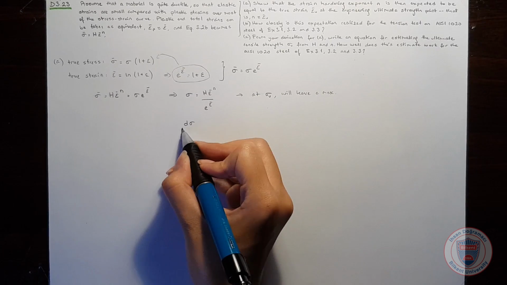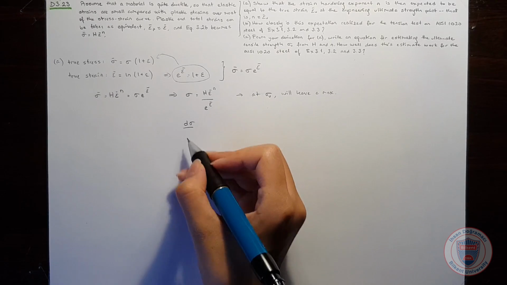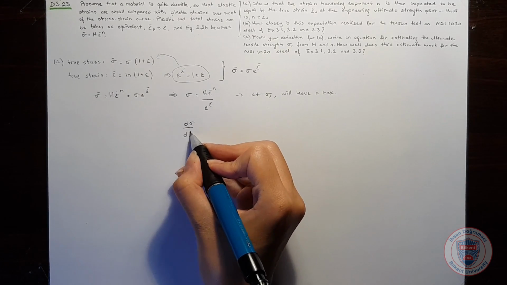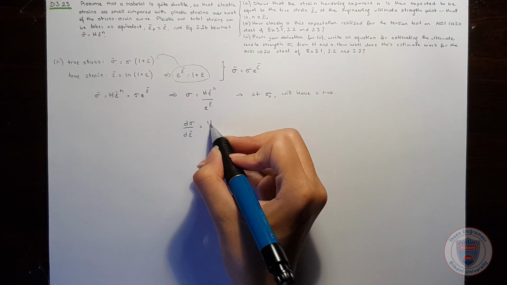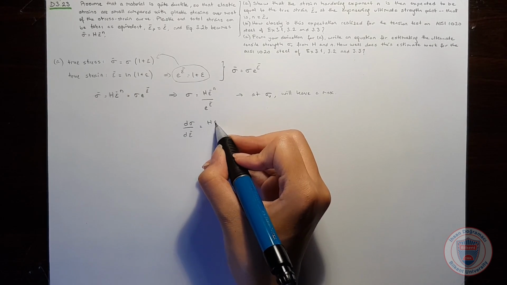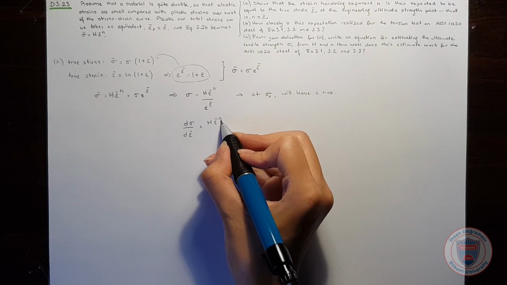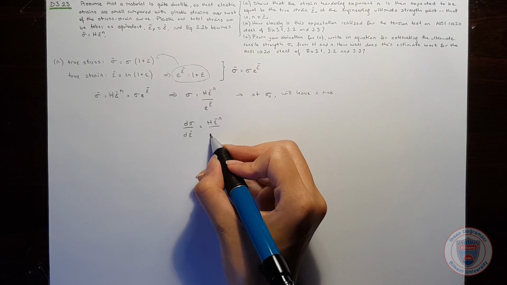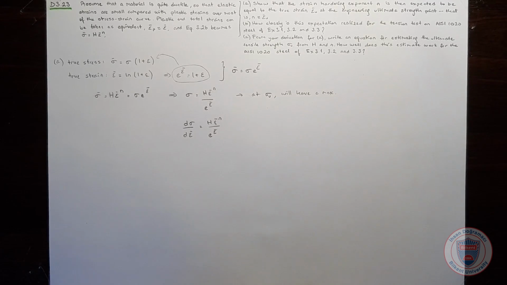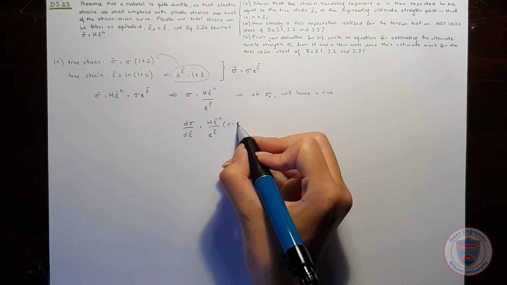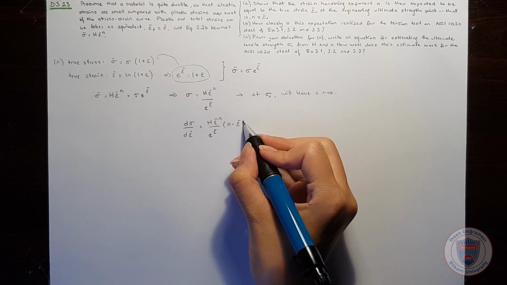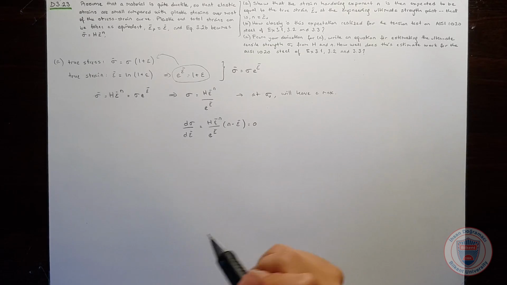So we can say that the derivative of engineering stress with respect to true strain is equal to H times true strain to the power of n over e to the power of true strain times n minus true strain, and this will be 0 at the maximum point.